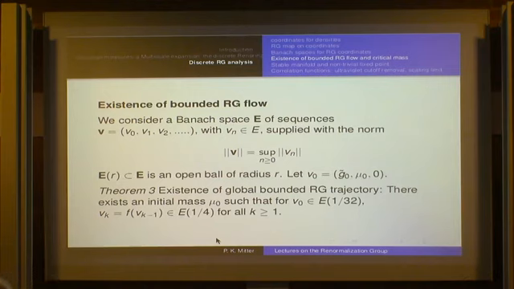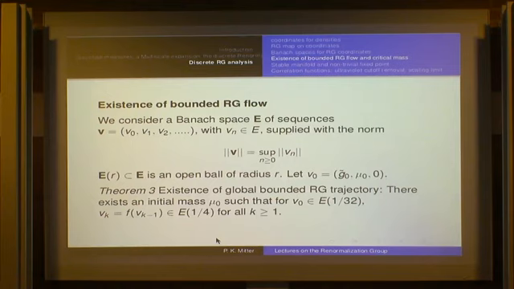And E of R is an open ball of radius R in this Banach space. And we let the initial V0 be G tilde 0, mu 0. R has not yet appeared.